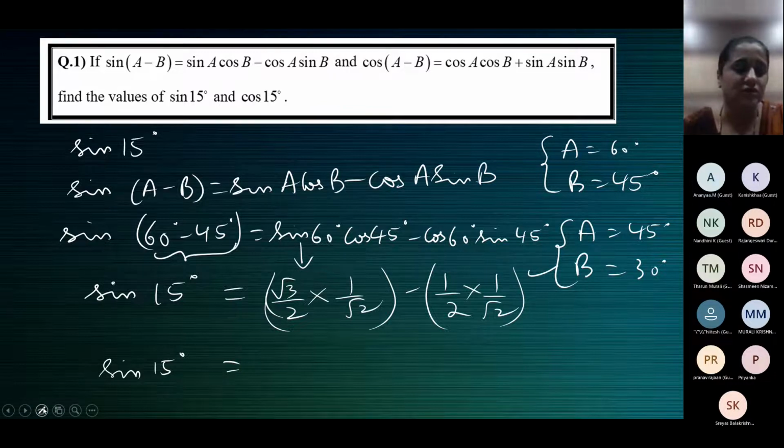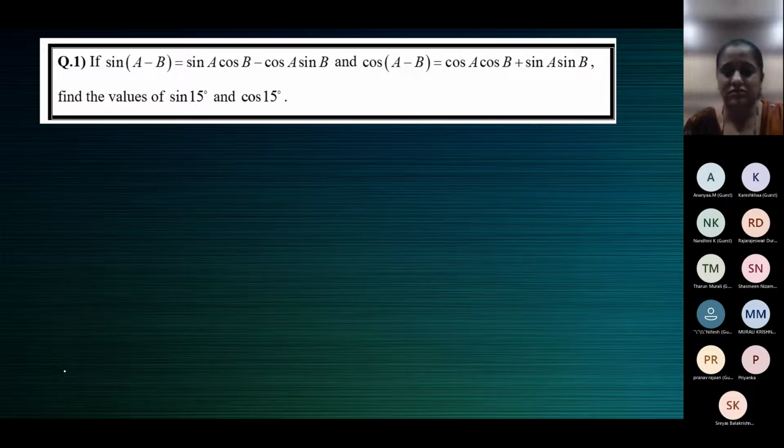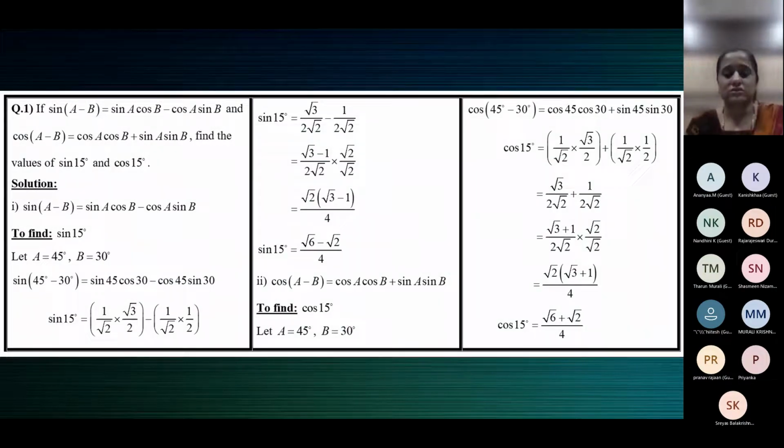Similarly, you need to work out cos 15 degrees. Work, children. Write down the question. You can see the answer. Of course, if the denominator is irrational, you'll have to rationalize it.